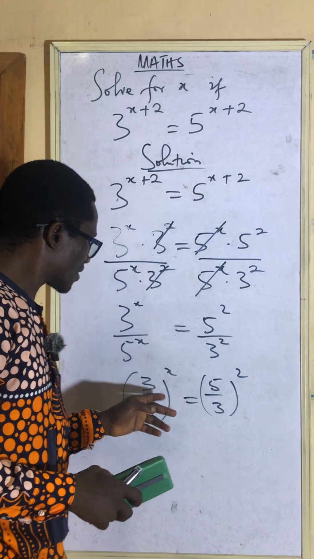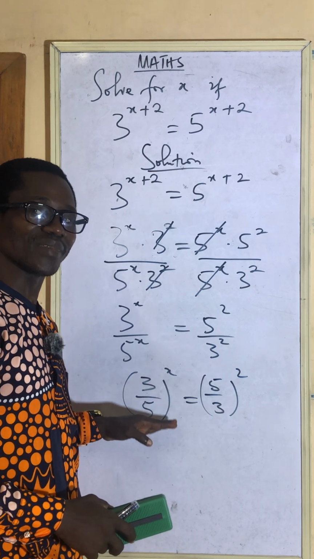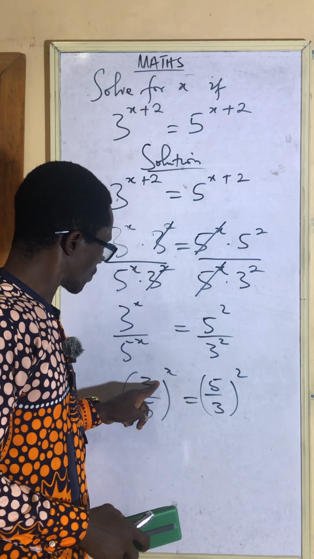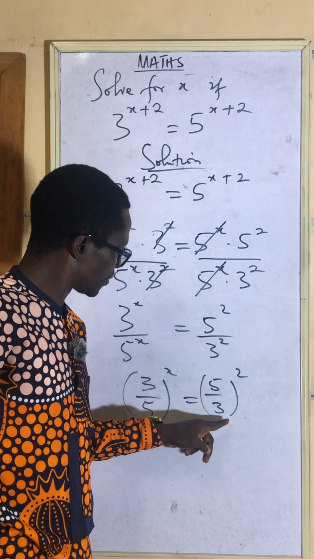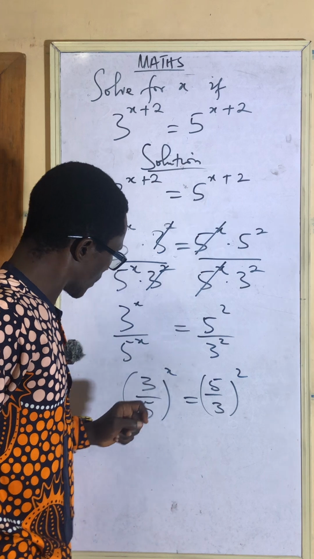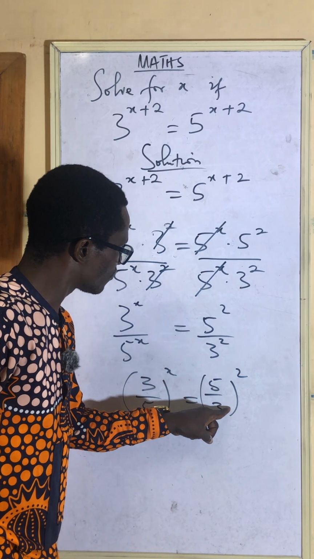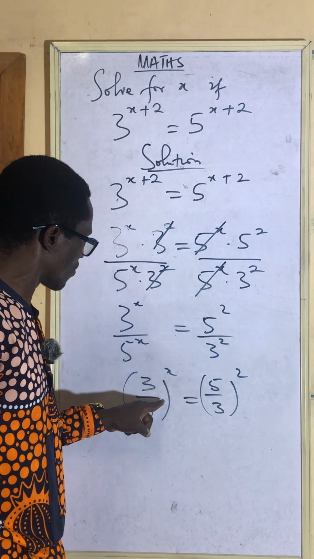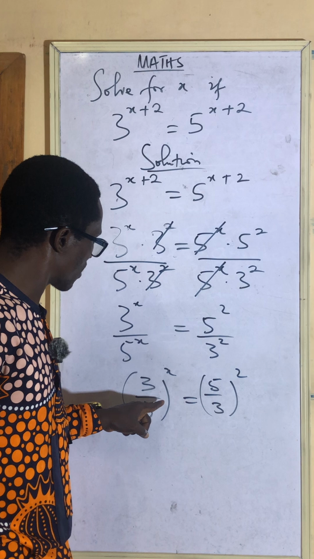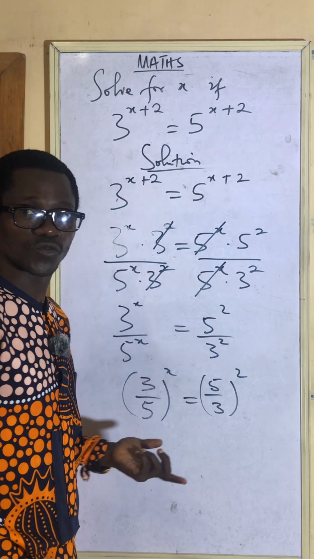Now look at this. The bases are not the same yet. This is 3 over 5 and this is 5 over 3. And now we want to make this 5 over 3 the same as this 3 over 5, or we make 3 over 5 to be 5 over 3, whichever way.